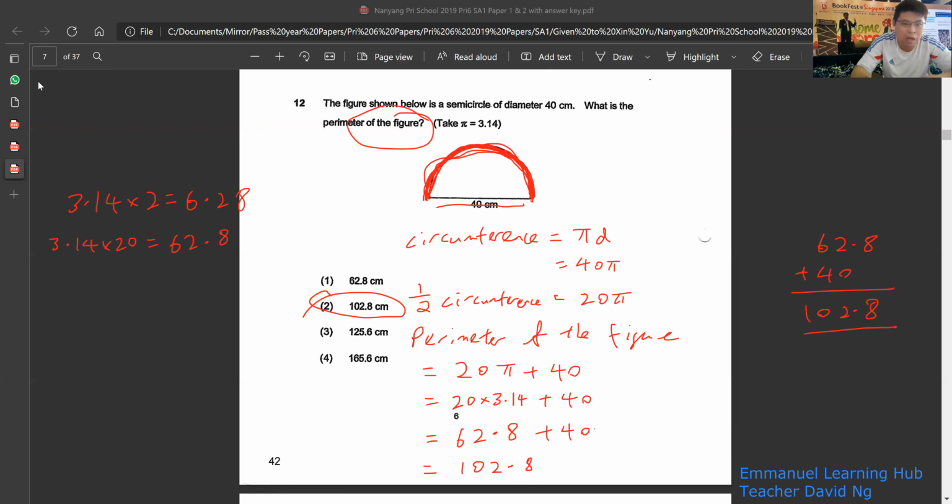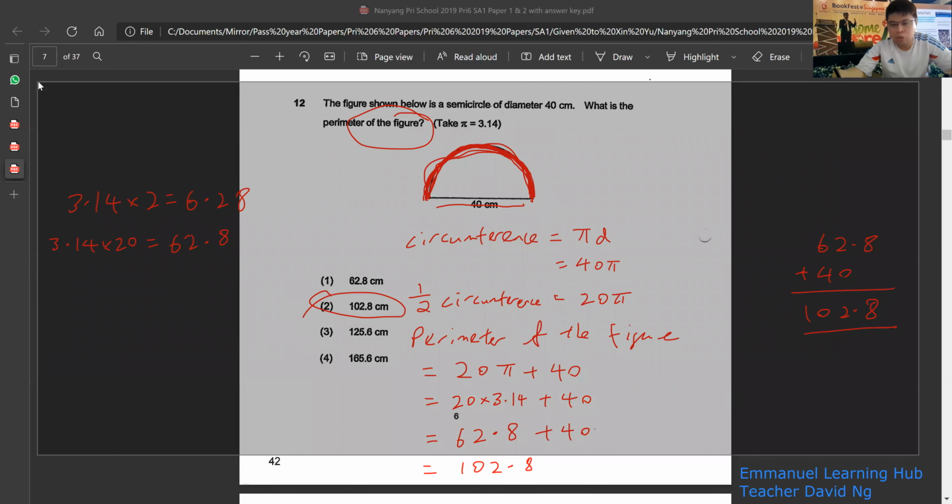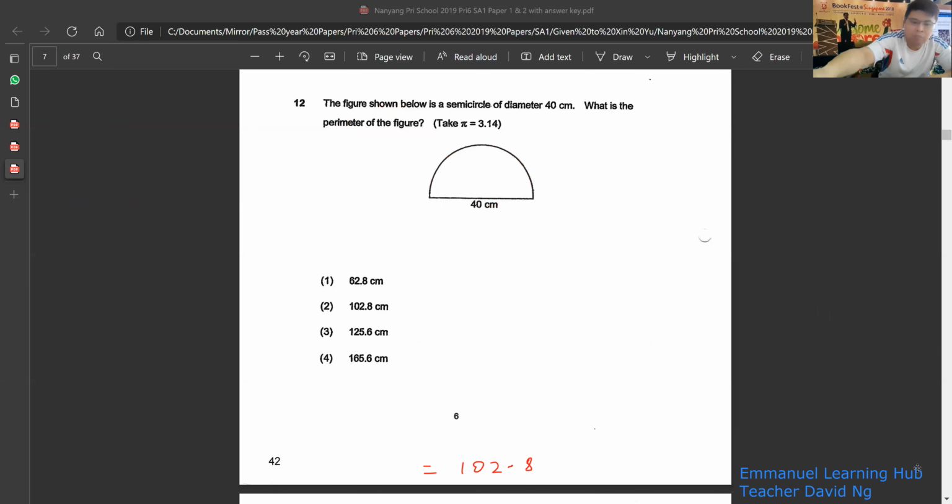This question, I guess you overlooked some things. You forgot to add 40, correct? You just did pi d over 2, correct? You forgot to plus the 40, right? How do I know without looking at your paper?